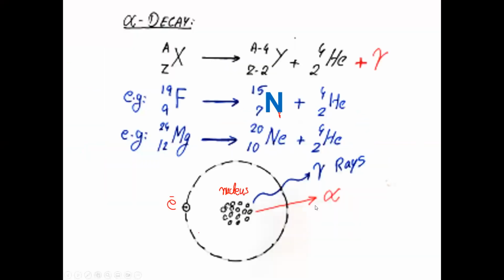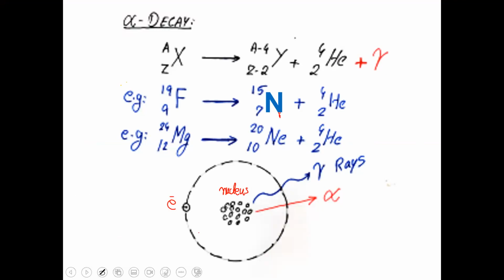But for the alpha, helium is the symbol. Then why are we having fluorine? For alpha, the symbol is He 4, 2. Now you have to copy these two examples.